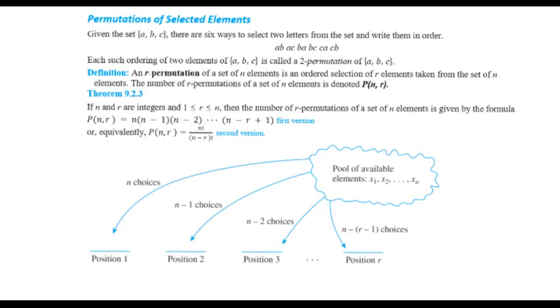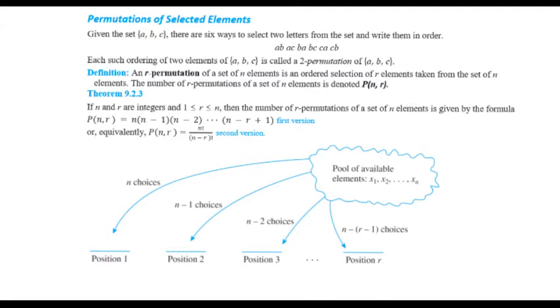And in order to prove this theorem, you can again use the multiplication rule. You can say we have a pool of available elements x1, x2 all the way to xn at the beginning, and then you need to choose elements and make them ordered. You have to order them.